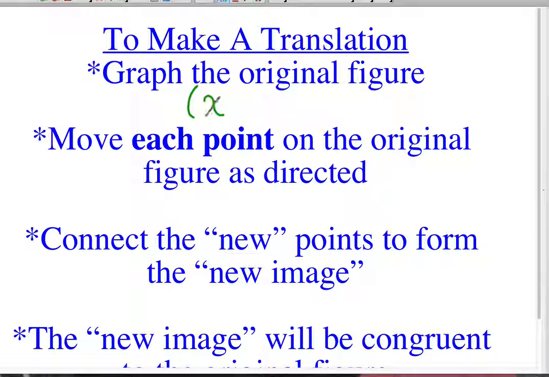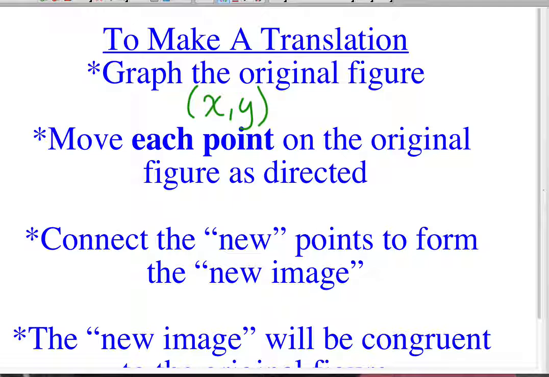We're talking about ordered pairs like this, also called coordinates. The first number is your X value, and that tells you whether you're moving right or left from the origin. The second number is your Y value, and that tells you whether you're moving up or down from the origin.